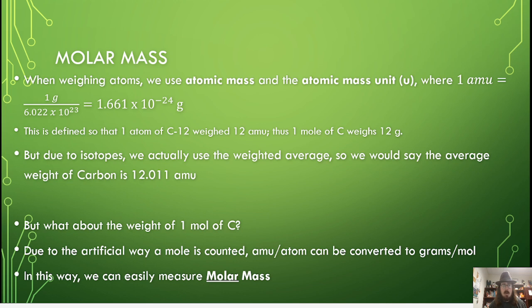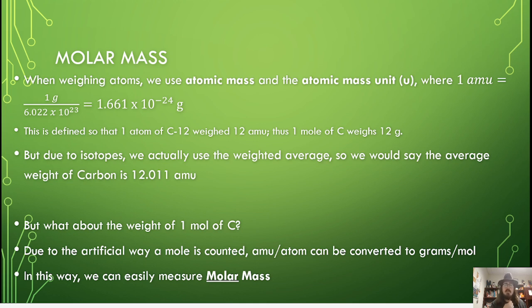So 1 gram is equal to 1 AMU times 6.02 times 10 to the 23rd. Essentially, 1 AMU is 1.661 times 10 to the negative 24th grams.